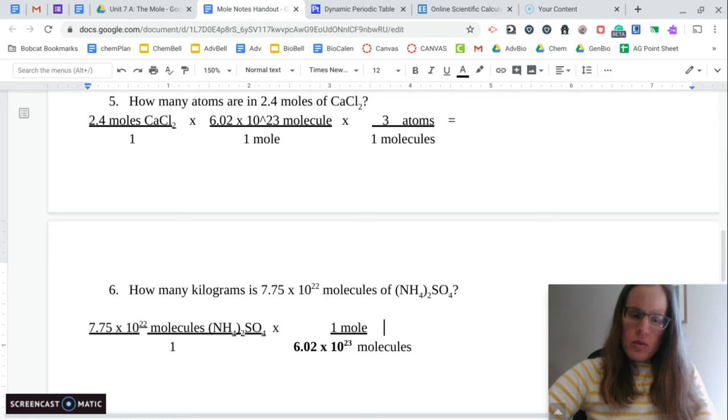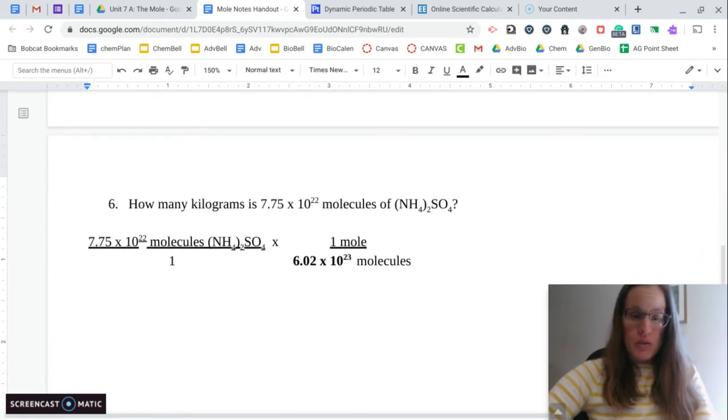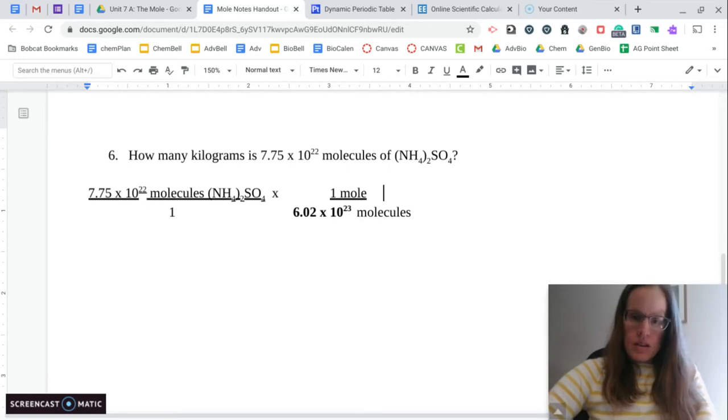All right, so we would be done if they were asking for moles, because that's what's on top, but they're asking for kilograms. So I'm going to have to keep going. On the bottom, now I want moles to cancel. All right, molecules canceled. Now moles will go on the bottom. Remember, for now, moles will be 1.